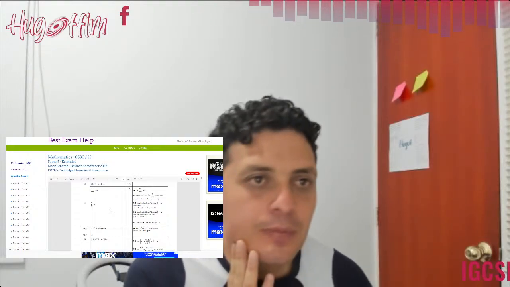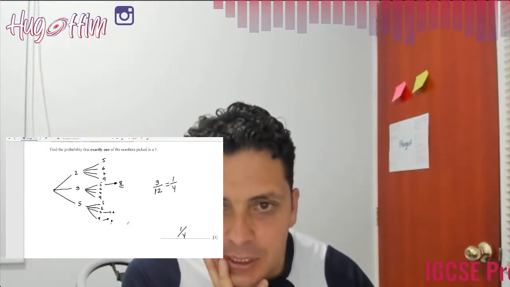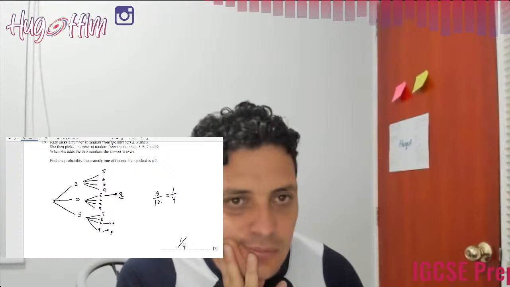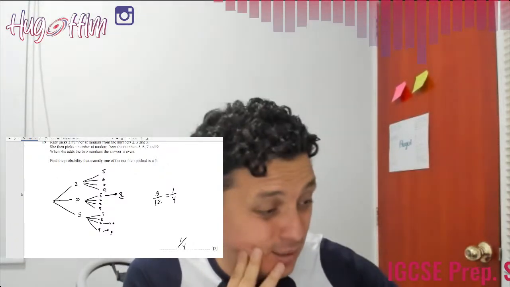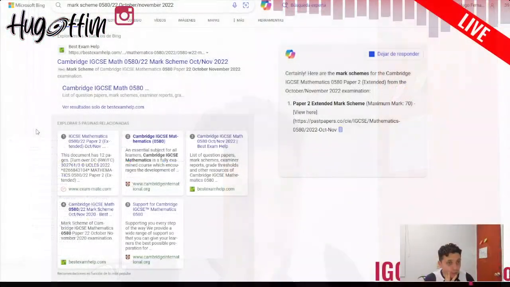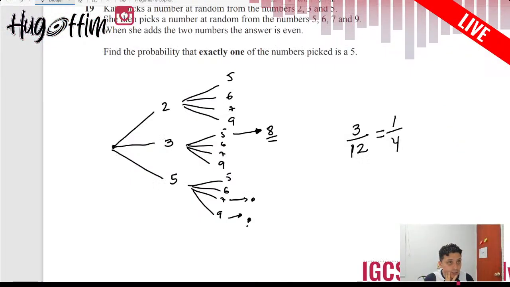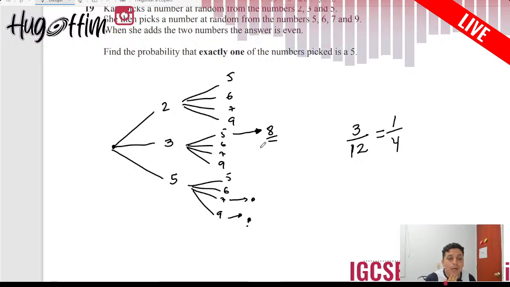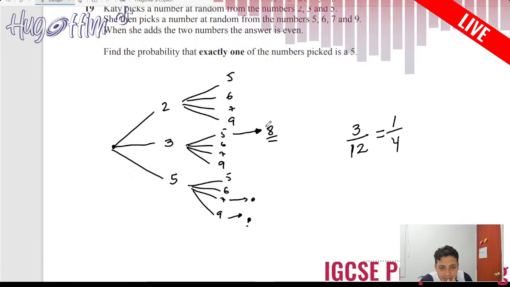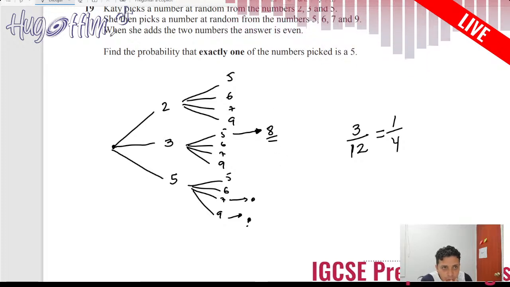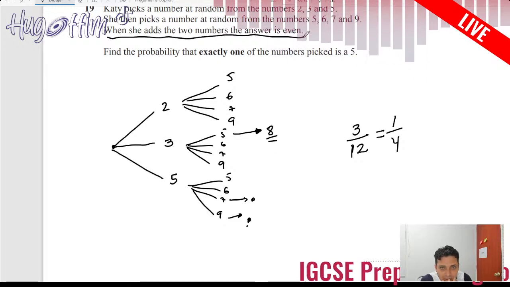Okay, let's see. It says 3/7 here. In this one. You know, probability. 3/7. I know what is 3/7 because when she adds the two numbers, the answer is even.